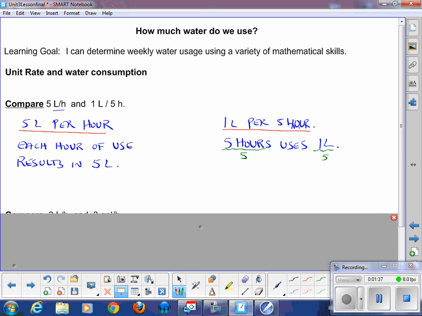Therefore, 1 hour uses 1/5 of a liter, and of course you can use your calculator for that, and you'd end up with 0.2 liters. So this is a much higher rate of consumption.